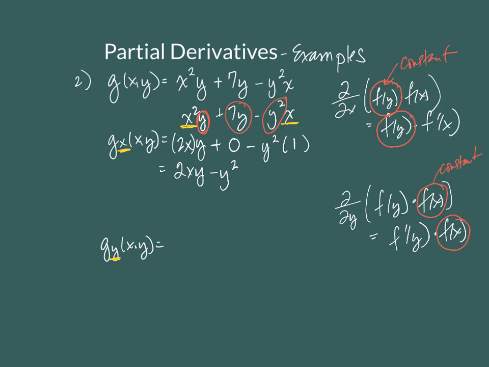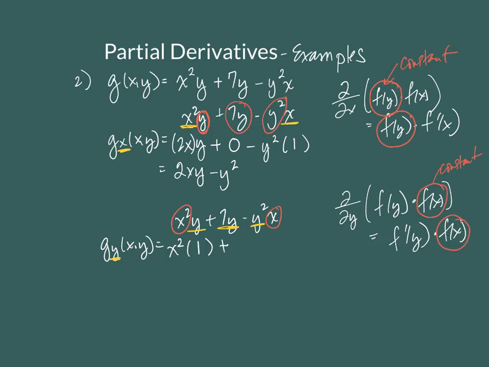All right, so if I've got x squared y plus 7y minus y squared x, I'm going to underline y, and this is my constant, and this is my constant multiple. All right, so constant multiple rule. If I have something involving an x times something involving a y, then x squared is treated like a constant, and it just gets rewritten. And then I multiply by the derivative of the variable y.